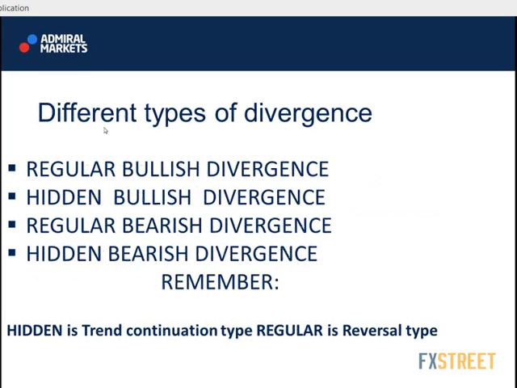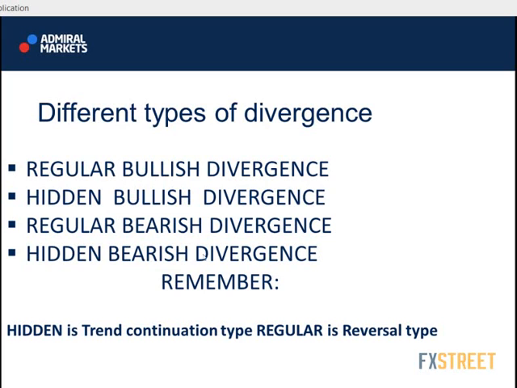Now we are talking about divergence. So regular bullish divergence, hidden bullish divergence, regular bearish divergence, and hidden bearish divergence. Those are the types of divergence we are going to cover today. For the next time, I will prepare stochastics and moving average divergence.